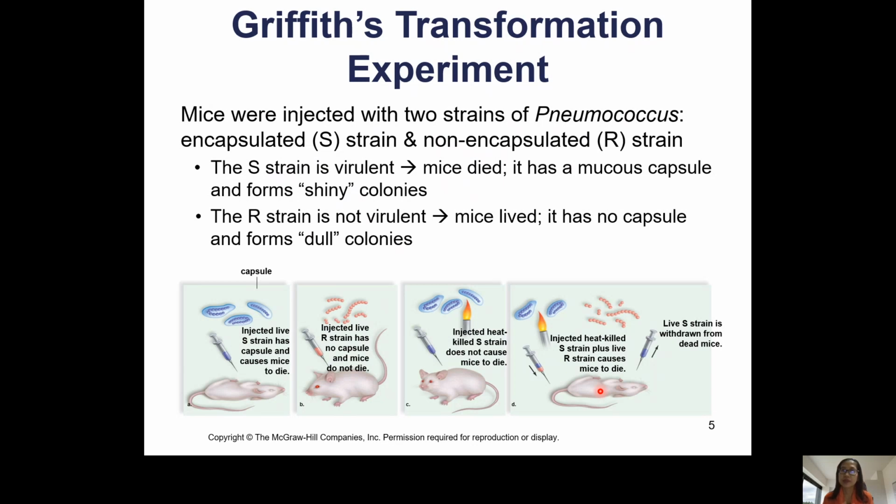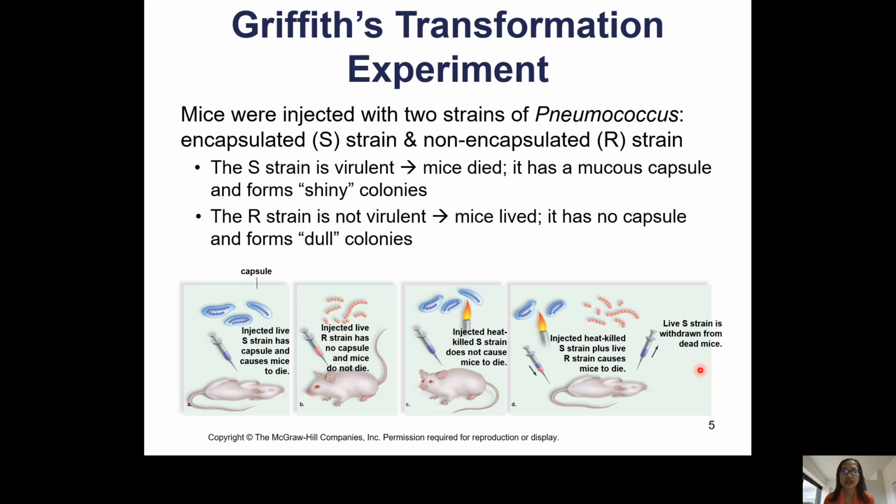Okay, and when the sample was taken from the mouse blood, for example, it was found that the S strain was discovered. You can see here a live S strain is withdrawn from the dead mice. So when the sample was taken, Griffith found the live S strain.